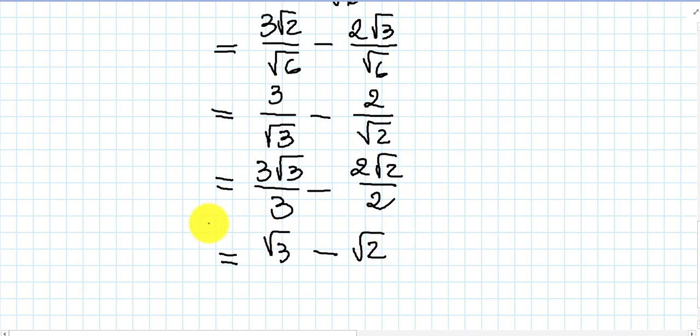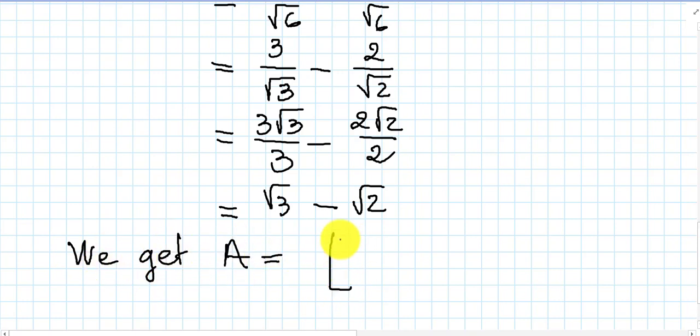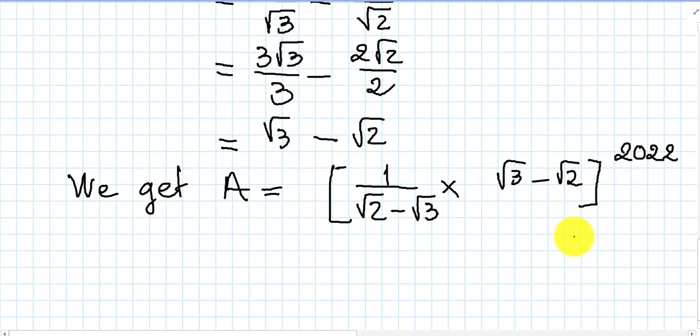We can replace it in the expression A. We get A equals 1 over square root 2 minus square root 3 times square root 3 minus square root 2, all to the power 2022. And we can take the minus out.